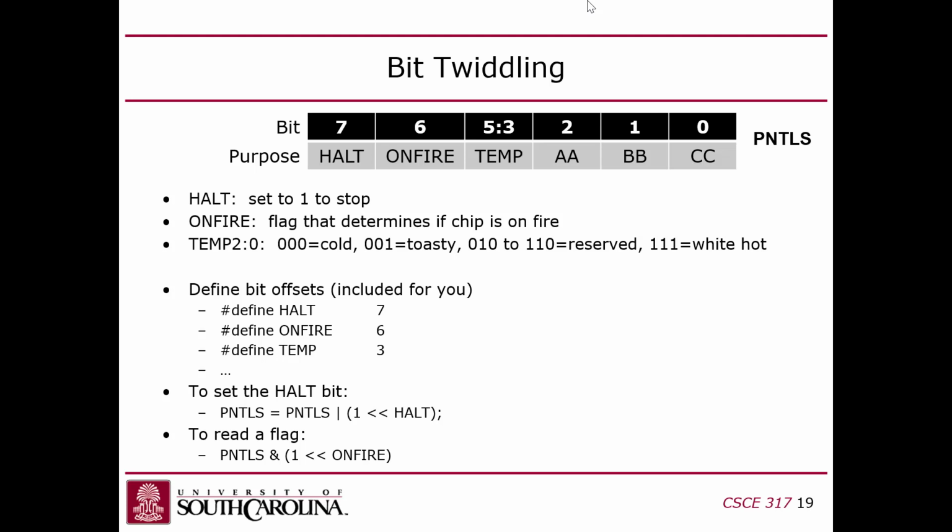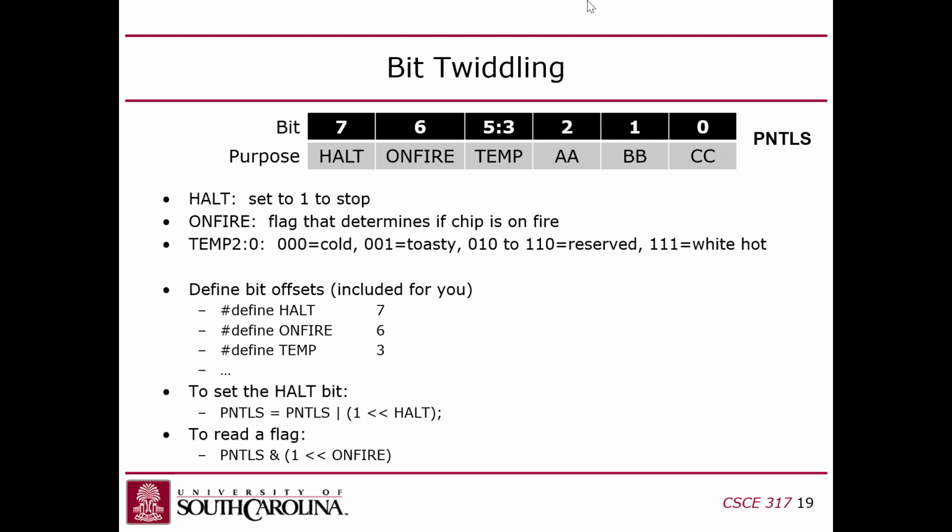If I want to read a bit, let's say I want to read a flag, the on fire flag, for that, it's actually simple. You can just use a bitwise operation. You would take the 1, again, you'd have to shift it by the on fire, which would be 7, right? So you take the 1, you shift it 7 bits to the, sorry, not 7, 6 actually, on fire 6.